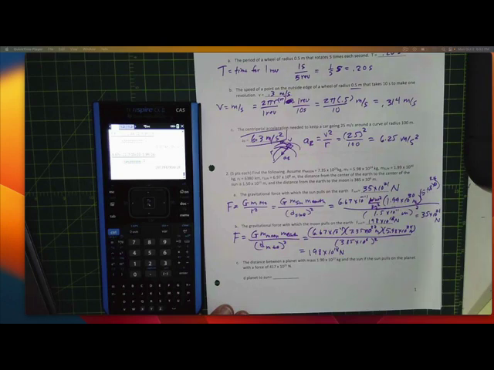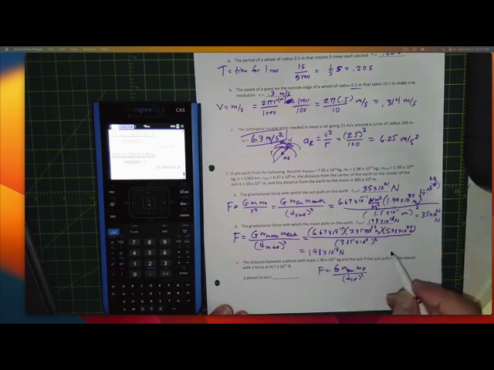Okay, next one. Same kind of stuff, planets and distances and masses, but this one says find the distance between a planet with this mass and the sun if the force that the sun pulls on it is this. So we're going to rearrange the equation. The force is again G, mass of the sun, mass of the planet divided by distance, sun to planet, squared.